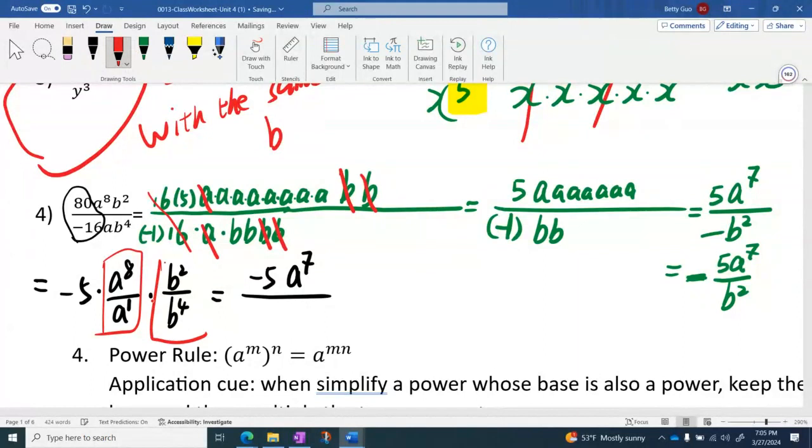And here, we have another quotient of two exponential expressions with the same base. But the denominator is dominating. So we know we're going to have something in the denominator. We use 4 minus 2, and we keep the result on the denominator, b squared. It's a lot faster to get the same result.